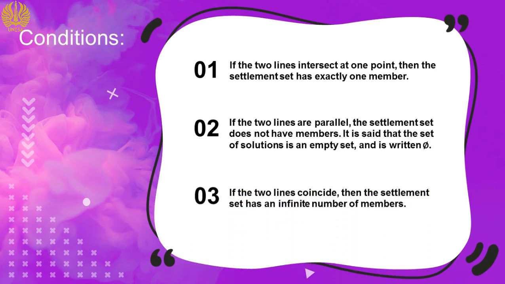Now, the third condition is if two lines coincide, then the settlement set has an infinite number of members. So coincide here means two lines have the same line, so they cannot intersect at one point and they are not parallel.